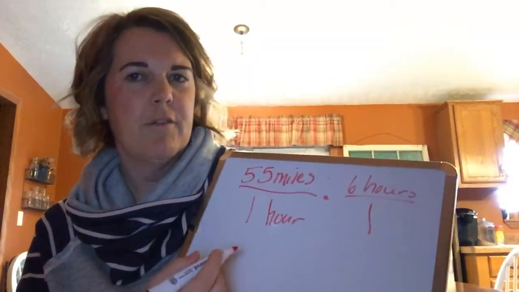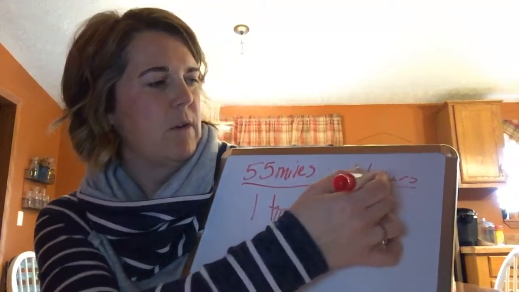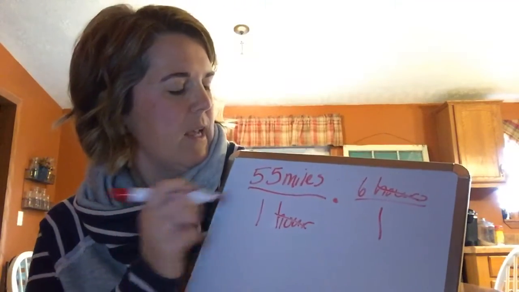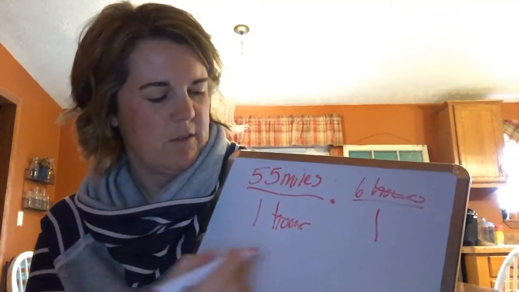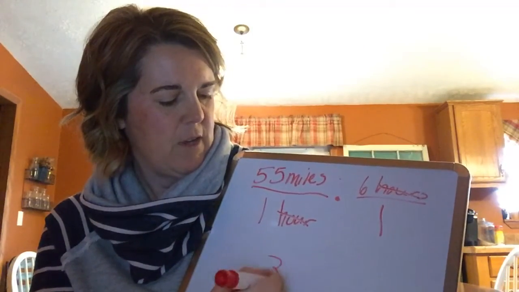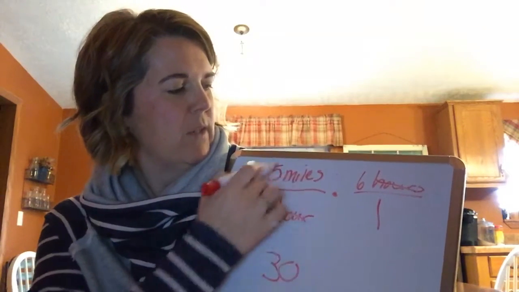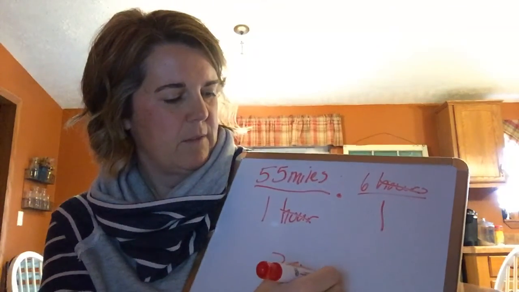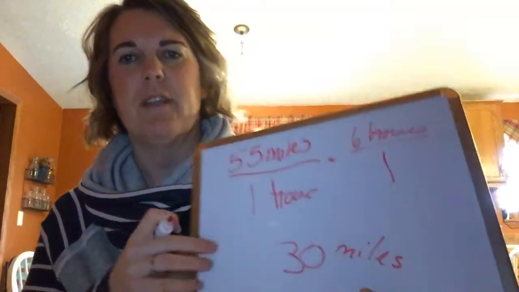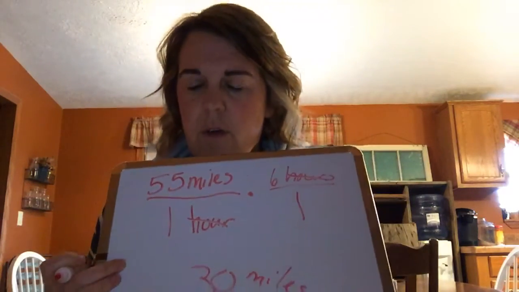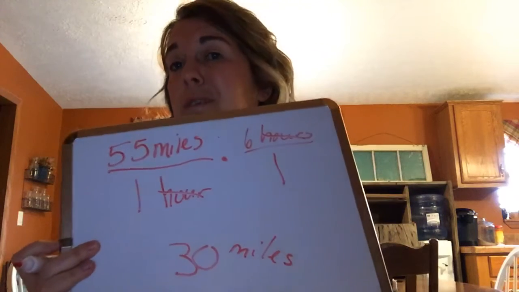So we can cross off a few things here. We can cross off this hour and this hour, right? And that just leaves us with 5 times 6, which is 30, right? And the only label I have left is miles. And if your answer is just going to be a 1 on the bottom, you don't even really need to write it, okay? So labels matter when we're dealing with rates.